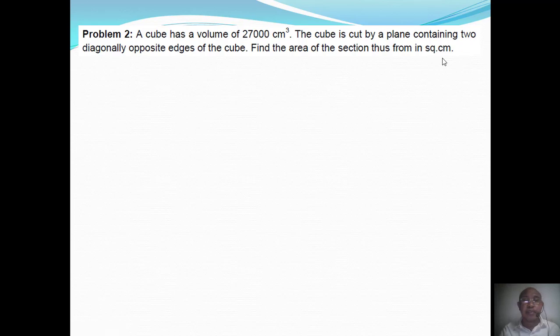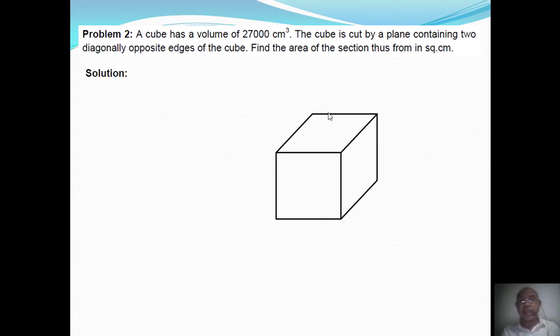So we will compute the area of the section formed when you cut the cube containing two diagonally opposite edges. Okay, so draw the figure. So I have here the cube, then the volume is 27,000. So I can solve for the length of the edge, x. So x cubed is equal to 27,000, so x is 30.